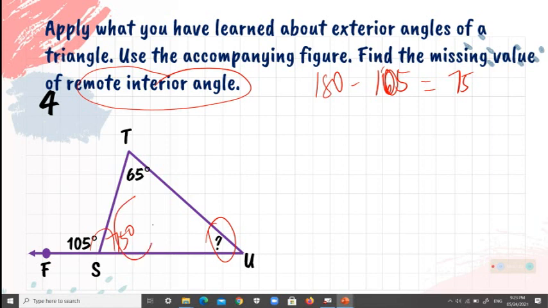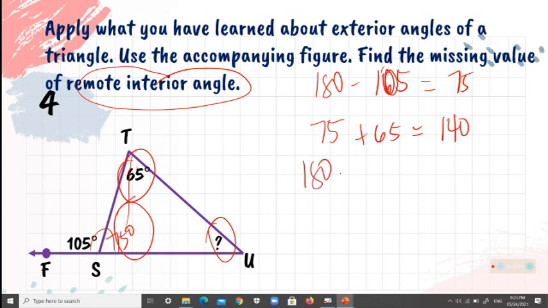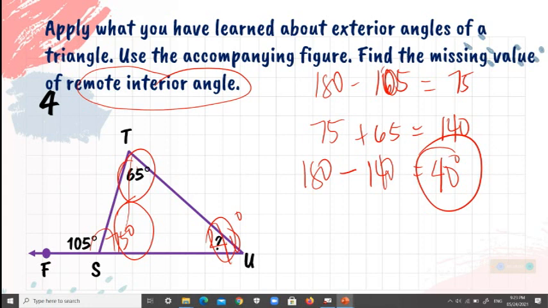Since we have here 75 degrees and we have here 65 degrees, which is equal to 140, and this formed a triangle, so we will have here 180 minus 140 is equal to 40 degrees. Okay? So therefore, this is 40 degrees. Okay, question in number 4.